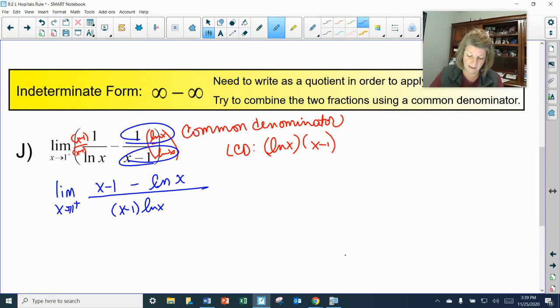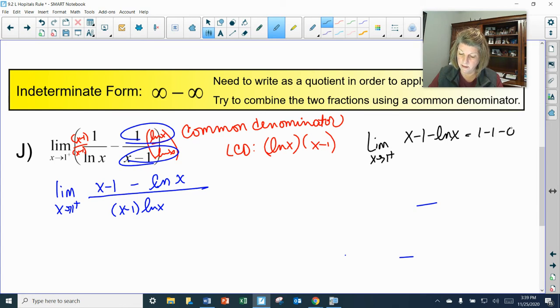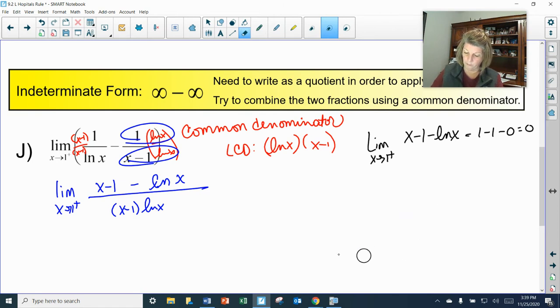Well, let's analyze. Separate little analysis for the AP. I would have x minus 1 minus natural log of x. And natural log of 1 is 0. So I'd have 1 minus 1, which looks like a 0 numerator. Okay, that will work for L'Hopital.